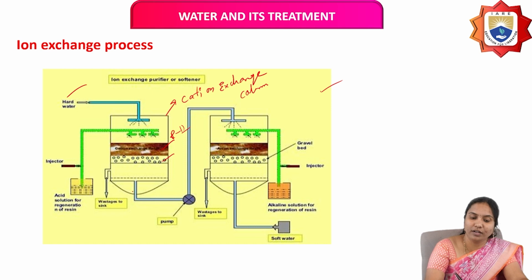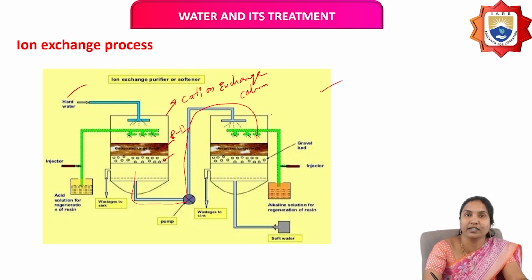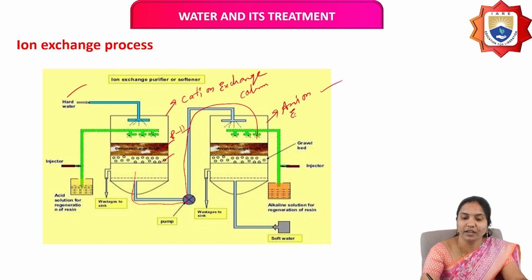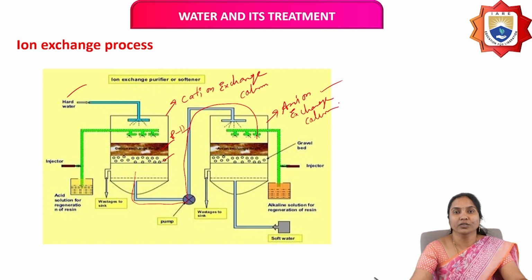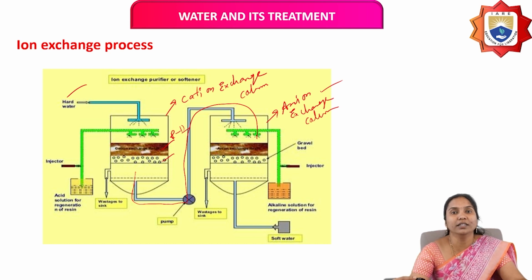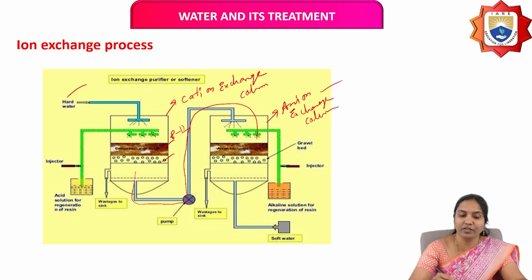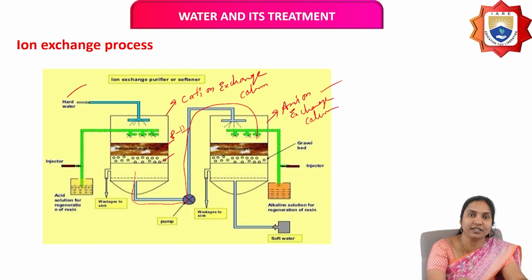Next, after completing this cation exchange resin treatment, the water is passed into the anion exchange column. In this anion exchange column, there is gravel as well as anion exchange resin. So what is the function of anion exchange resin?